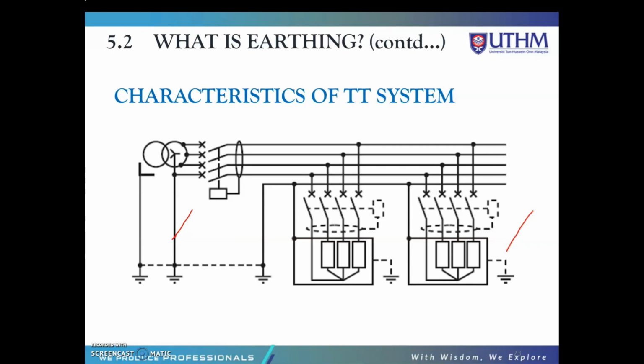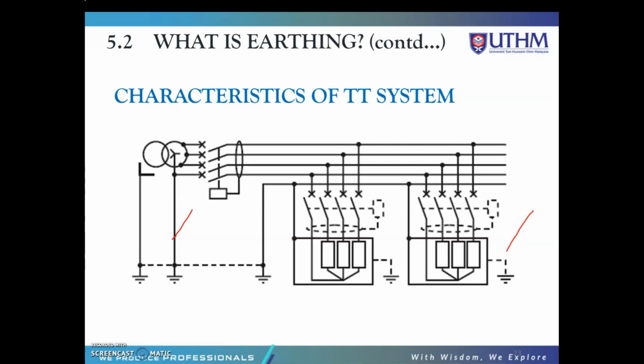Each insulation fault results in an interruption in the supply of power. However, the outage is limited to the faulty circuit by installing the RCDs in series or parallel.